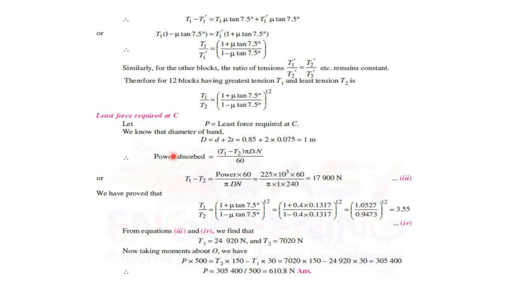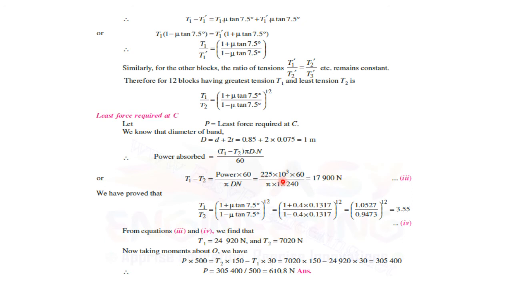Power absorbed P is equal to (T1 minus T2), it means the difference in tension, T1 minus T2, times pi dN divided upon 60. Power is already given, 225 kilowatt. T1 minus T2 is equal to power multiplied by 60, with pi dN in the denominator.